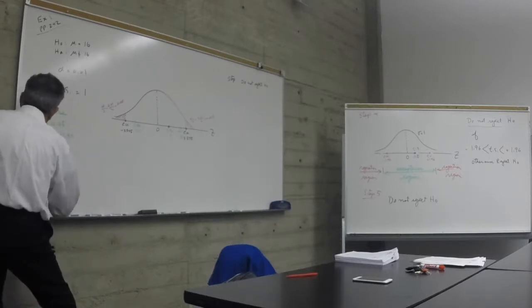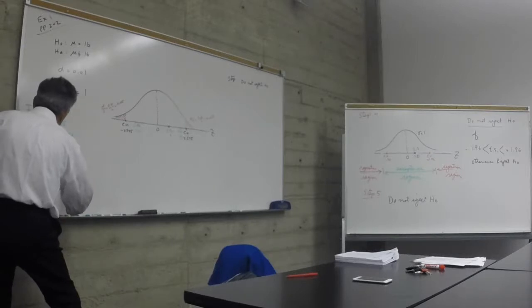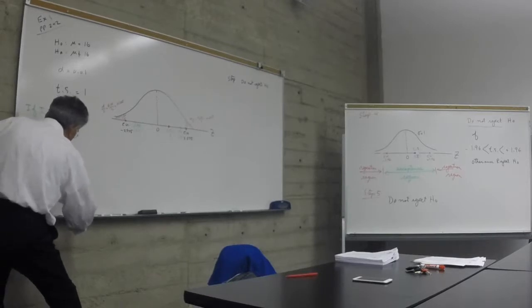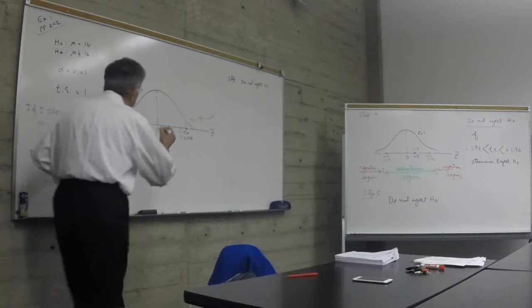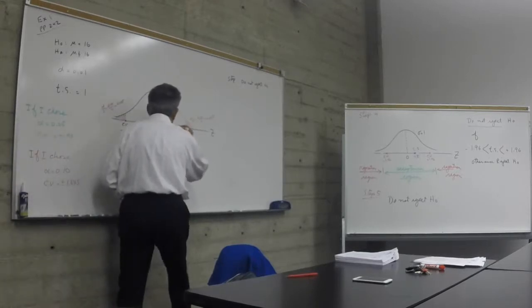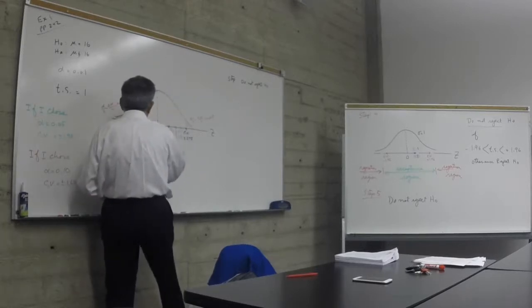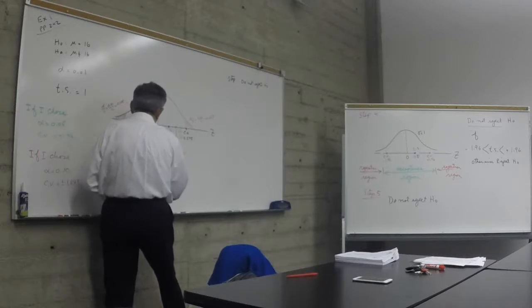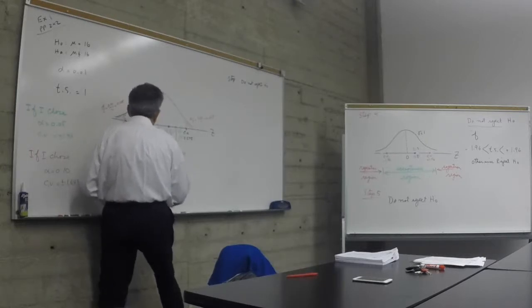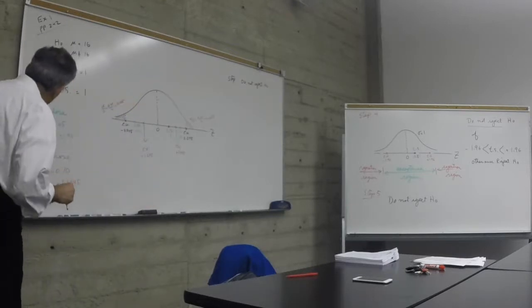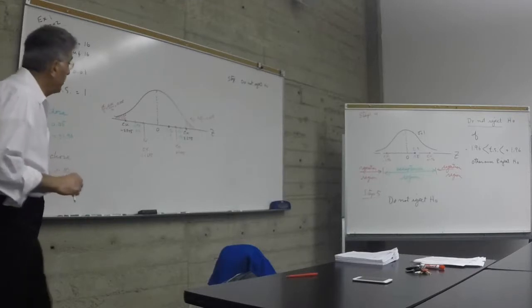So if I chose alpha of 10%, critical values would have been plus or minus 1.645. Okay, so 1.645 would have been here approximately. Critical value plus 1.645, and here critical value minus 1.645. Okay, what would have been if I had chosen alpha of 1% or 5% or 10%?